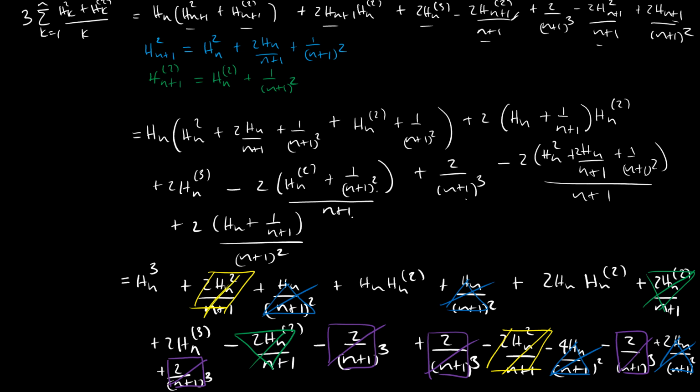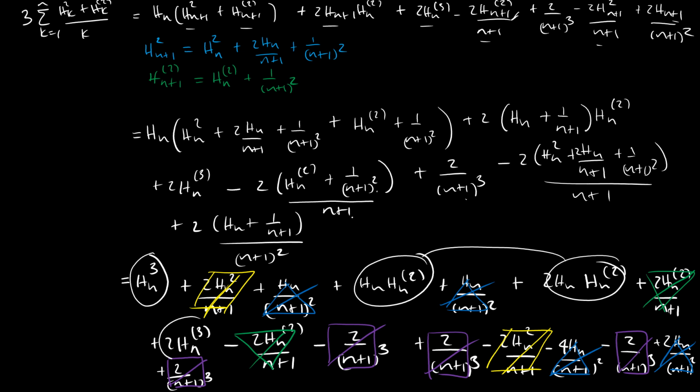So in essence, the things that end up remaining are Hn cubed, these Hn to the power bracket 2, and this, so we can sum these two to make 3, and then we do have this one here.